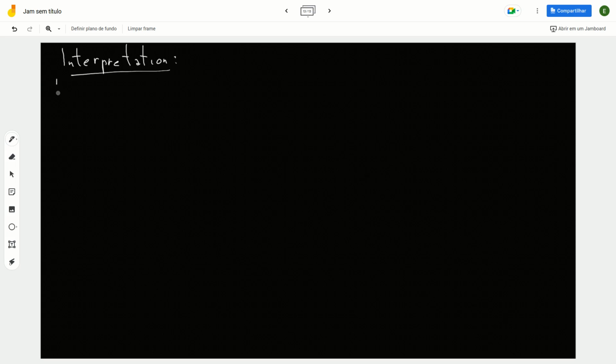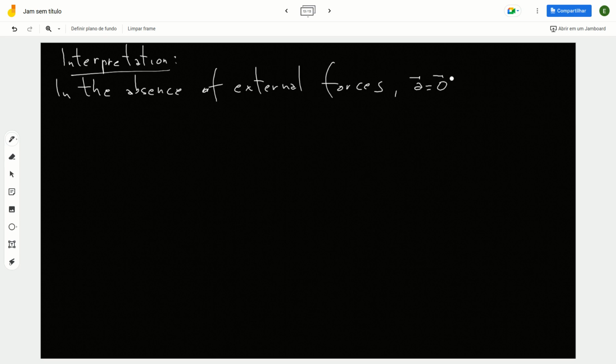In the absence of external forces, that is, you don't have acceleration, and space gradients, that is, you have this equal to 0.